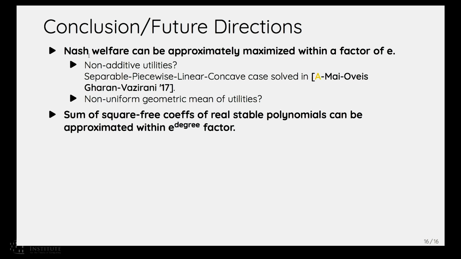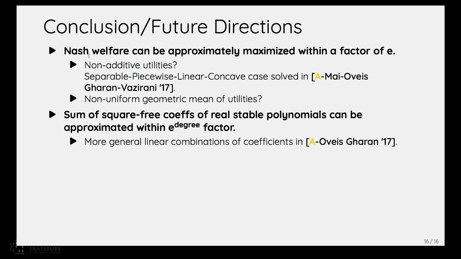We've also shown an independent result, which is that the sum of square-free coefficients of real stable polynomials can be approximated using a convex program. I haven't shown you how it transforms into a convex program, but it can. And the approximation factor is e to the roughly the degree of the polynomial.